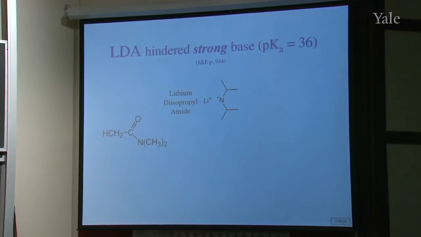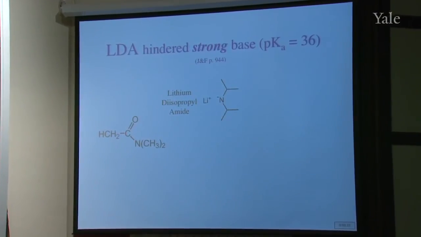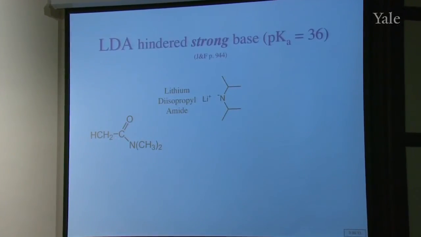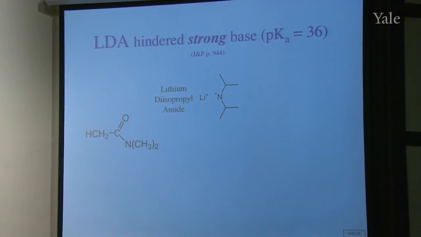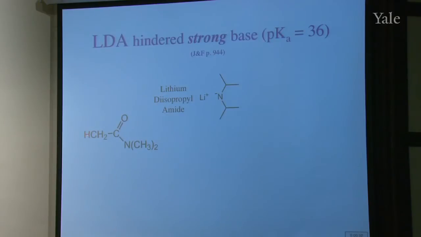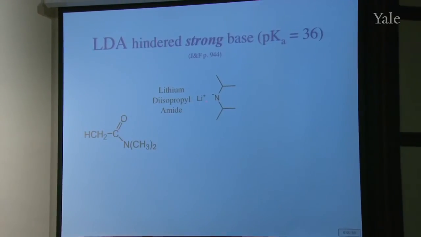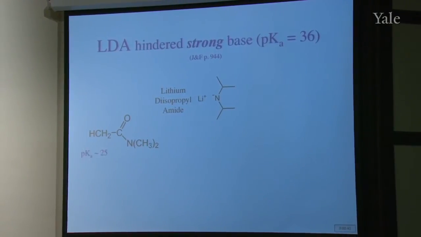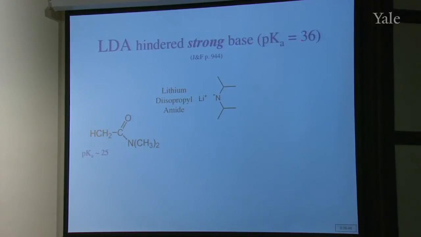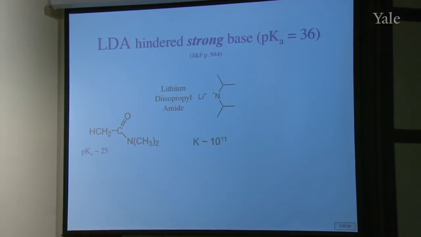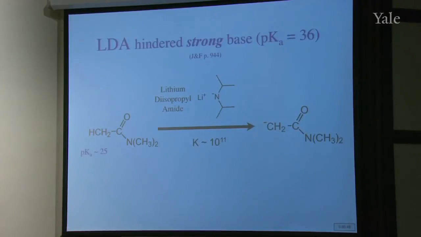So if you were to take this one that you don't get a very good formation of, pulling off this hydrogen, the one that's much deactivated, but you put it with this very strong base, this one has a pKa of 25, but this one has a pKa of 36, so you have an equilibrium constant of 10 to the 11th, favoring formation of the anion.